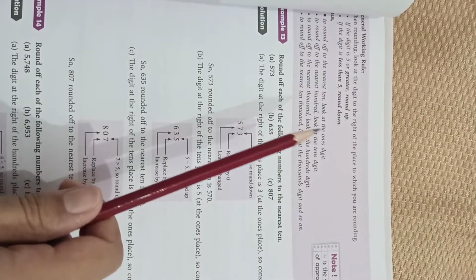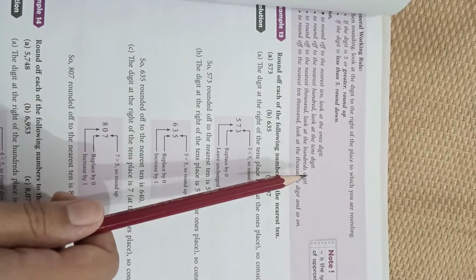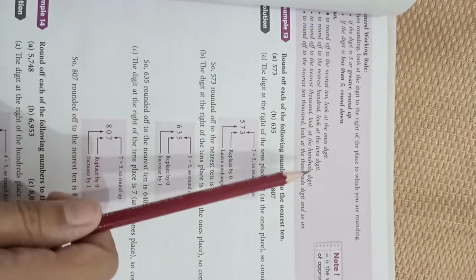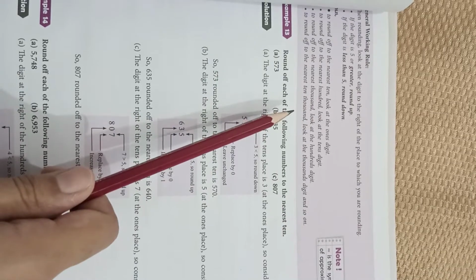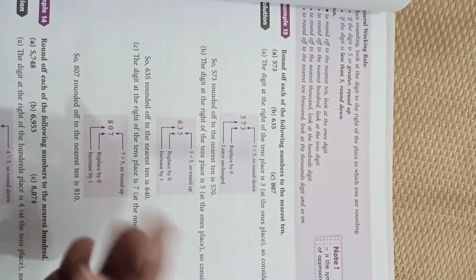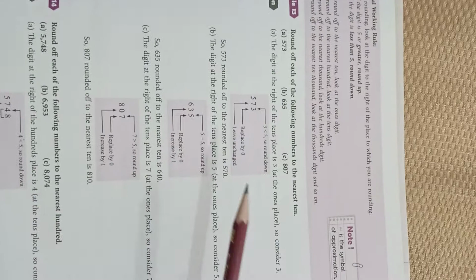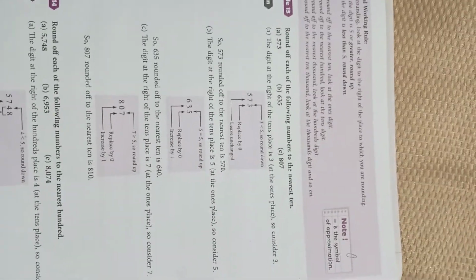If it is tens, we look at ones. If it is hundreds, we look at tens. If it is thousand, we look at hundreds. If it is 10,000, we look at the thousands digit, and so on. For lakh, we look at the 10,000 digit, and for 10 lakh we look at the lakh digit.